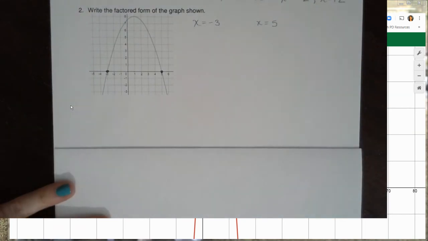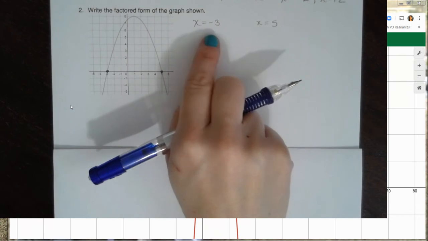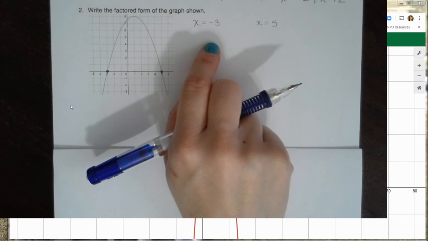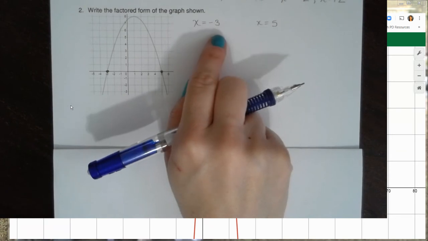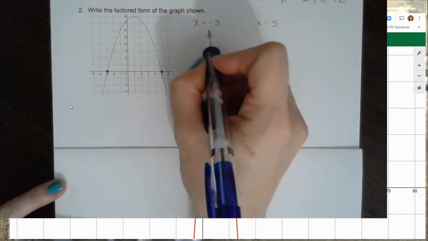Now, when I found the roots, I took the factors, set them equal to 0, and found x by itself. So now I need to work backwards, and I need to get a statement with x and its root that turns into being equal to 0. So I'm going to make this side of the equation turn out to be 0.